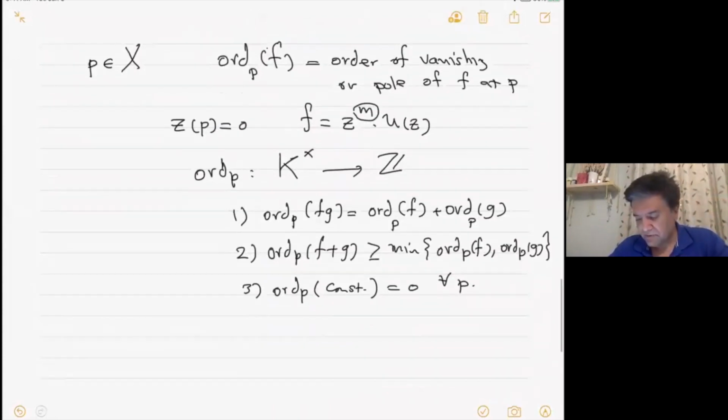But in future, I don't know if I can get another time to speak more about Riemann-Roch from the algebraic or geometric point of view, because today I'm going only to talk about the analytic view of the Riemann-Roch theorem, which, I think, is the simplest one.